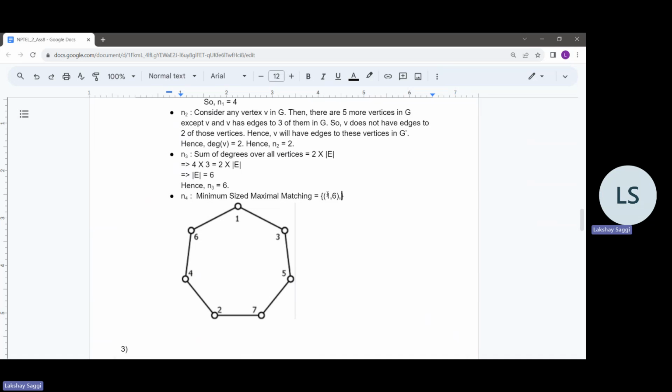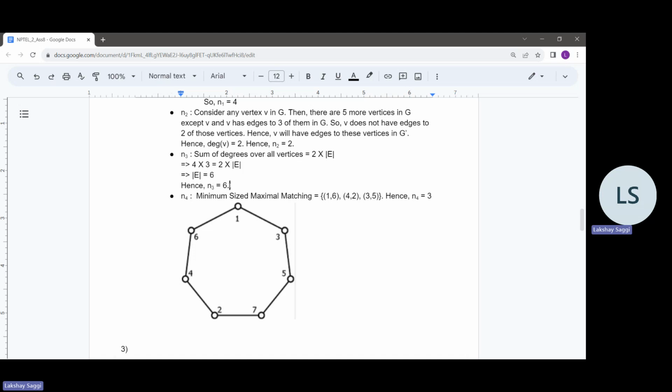So it contains the edge 1,6, then this edge 4,2, and then this edge 3,5. So the size will be 3 here, the matching has 3 edges, so the size of the matching is 3. So hence the value of N4 is equal to 3.